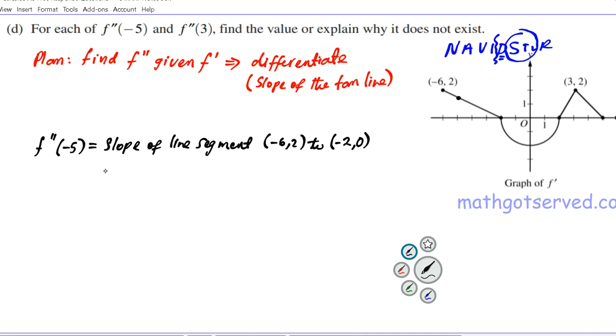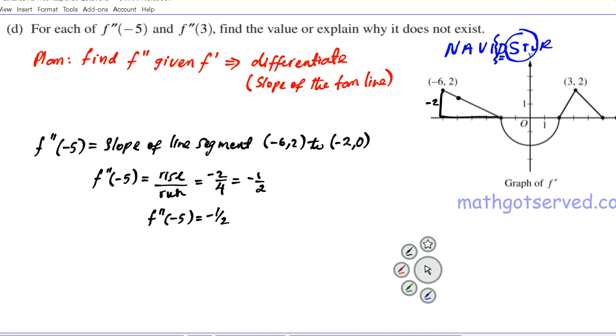Just use rise over run to save time. Create a slope triangle. Your rise is -2 and your run is 1, 2, 3, 4. So it's -2 over 4, which reduces to -1/2. And there goes f double prime of -5.